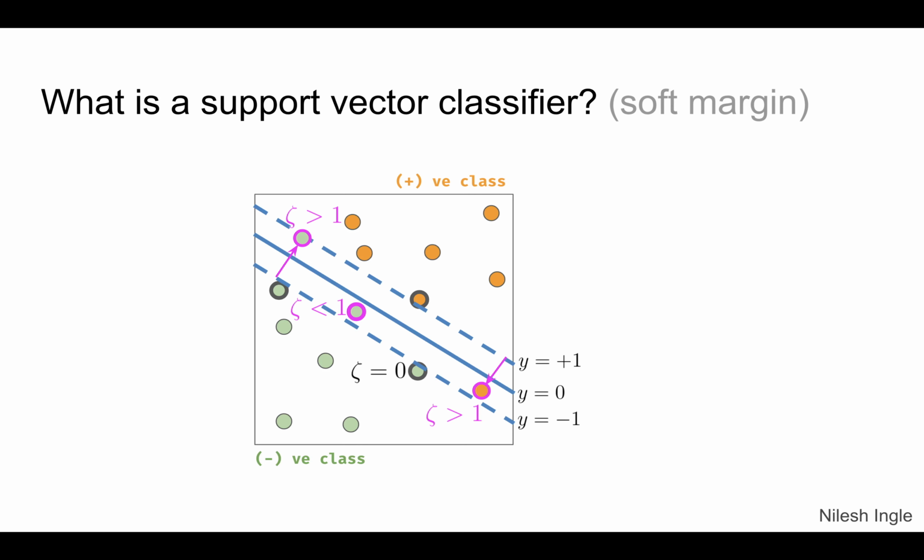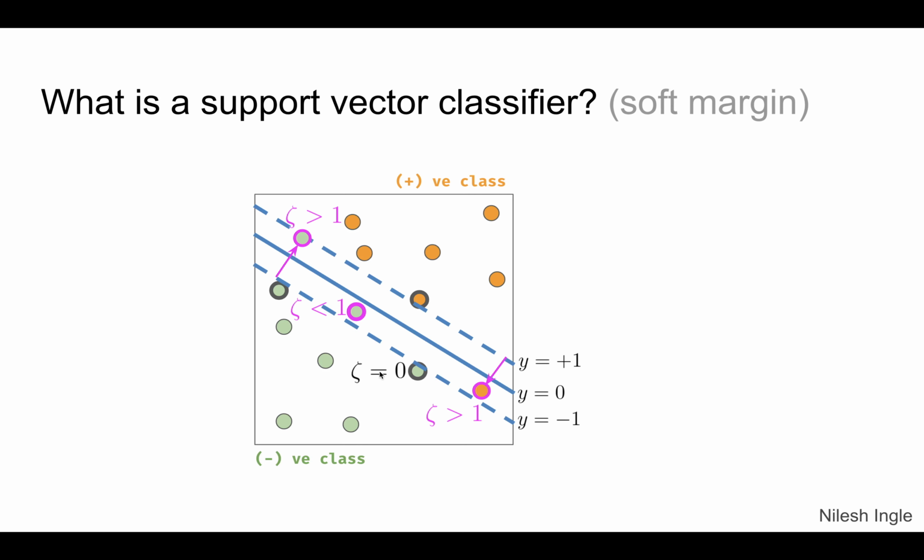It's just that it's within the boundary. And in scikit-learn, we can change how much misclassification we want to allow. We can set that by parameter c, as we'll see.